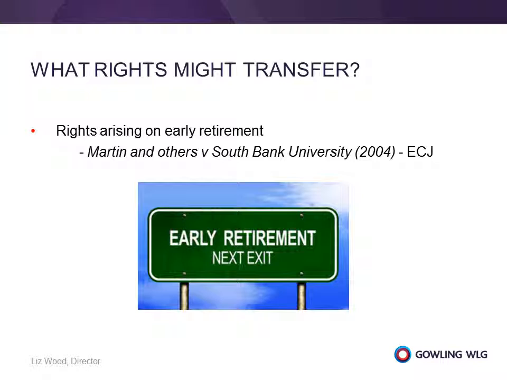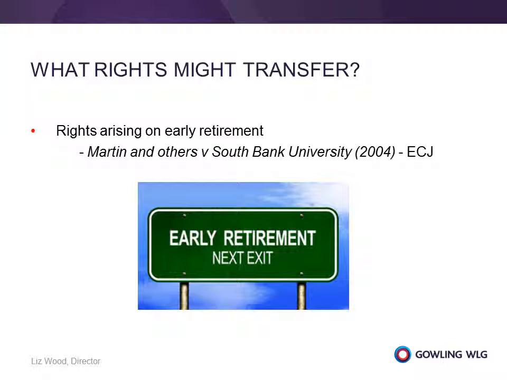These decisions had significant implications for corporate transactions, because essentially what this had flagged was that there might be rights that would transfer in connection with an occupational pension scheme, but transferees were very much left in the dark around how they would assess the financial liability for providing those kinds of benefits. But what we didn't know after Beckman and Martin was a number of things.